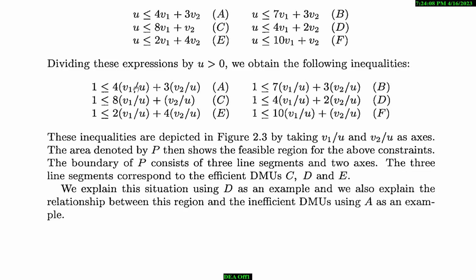For example, we put the first and the second variable equal to 0, and we will see this is not satisfied in these constraints.